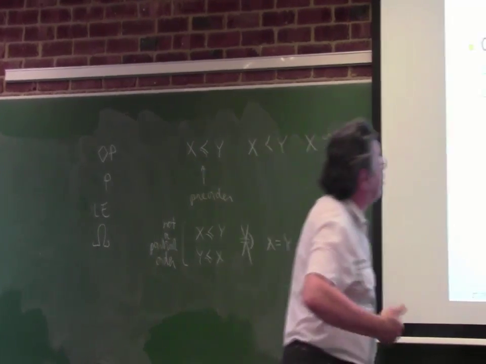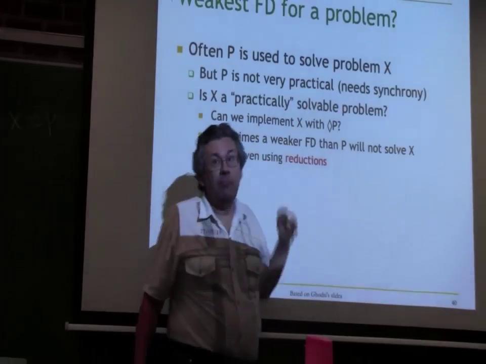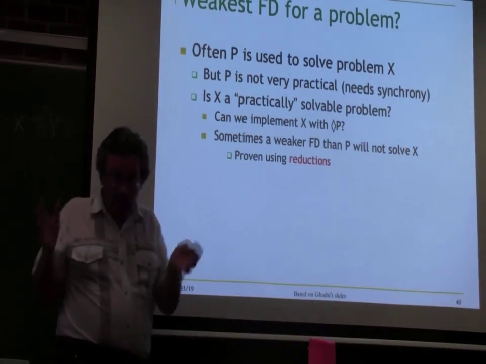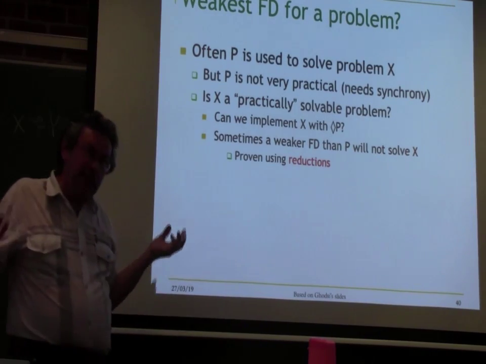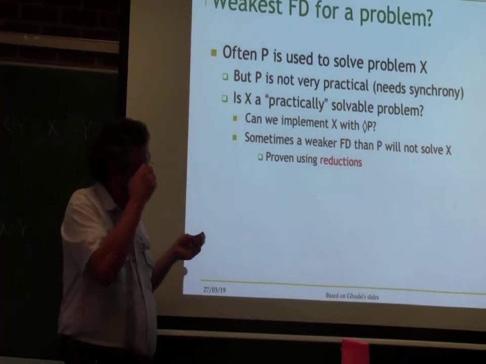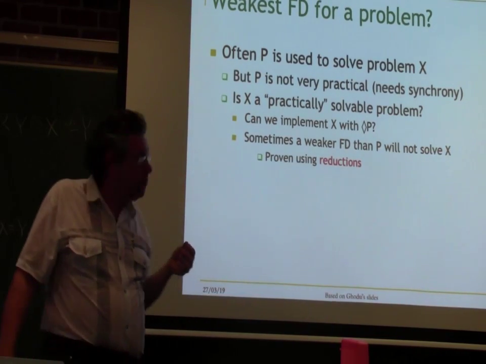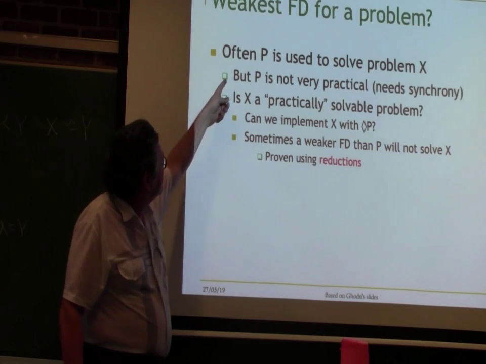Okay, so one important question. Let's say we use P to solve a problem. We have an algorithm and it uses P, the perfect failure detector. That's nice, but P is actually not very practical. P is really hard to implement. It's actually impossible to implement. You need synchrony.